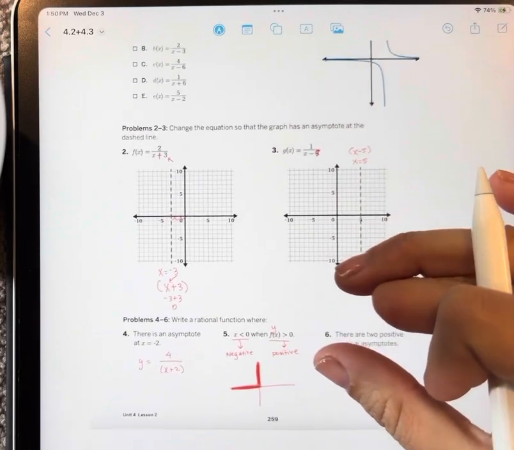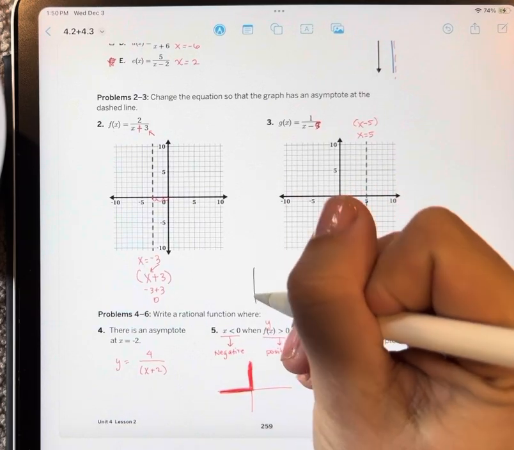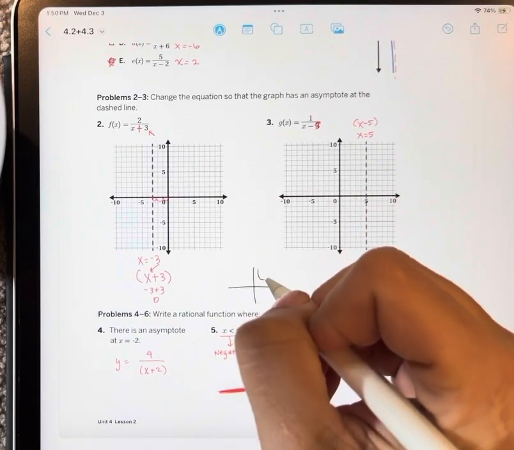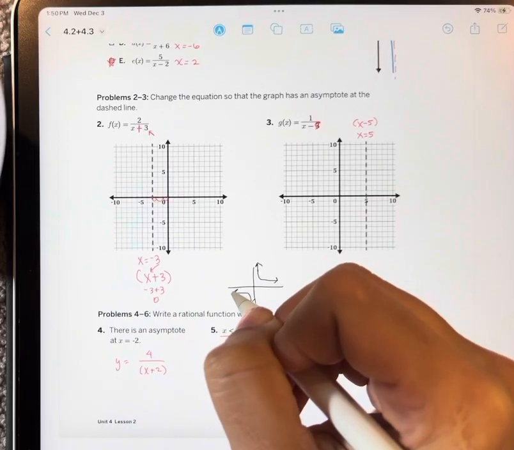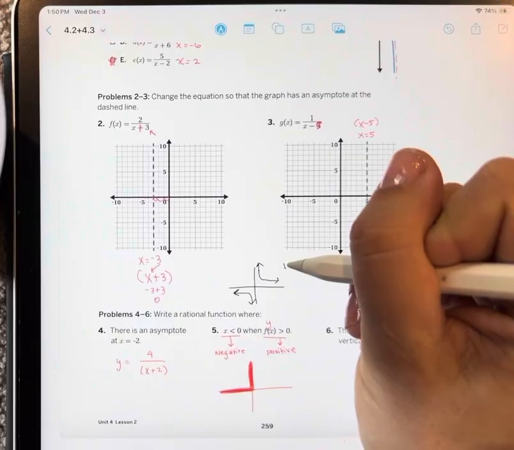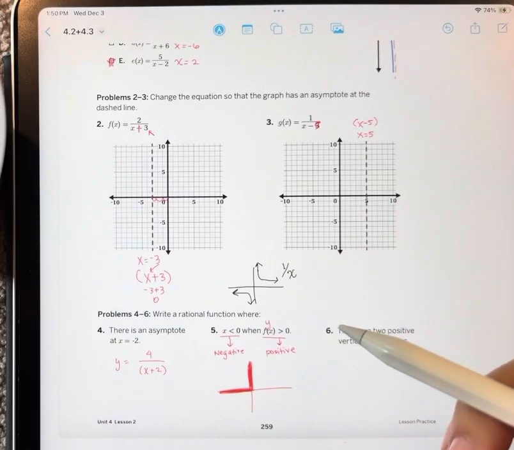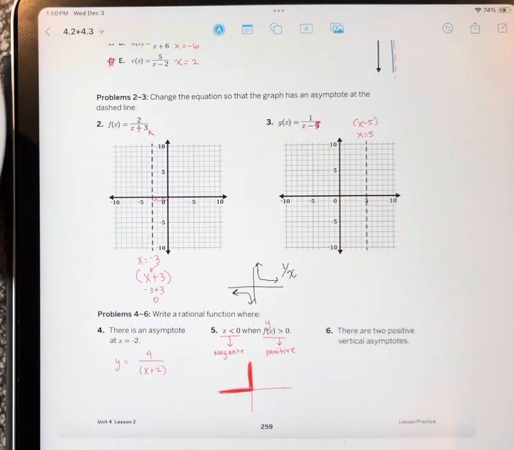So if you remember, you guys, we've been looking a lot at these rational functions, and they tend to have this kind of shape, all right? This is like 1 over x. A lot of these will have the exact same shape.